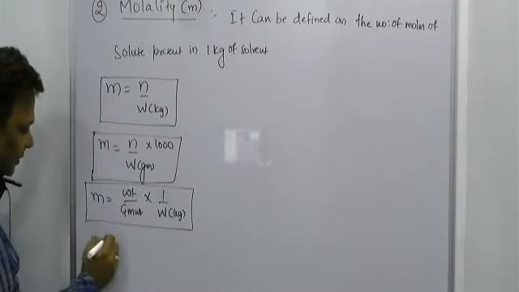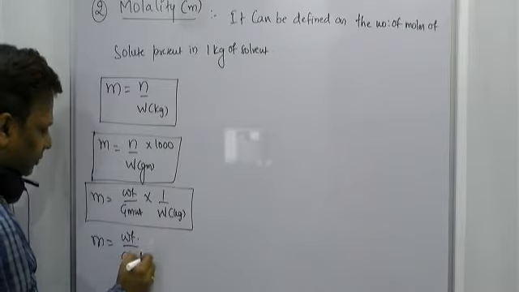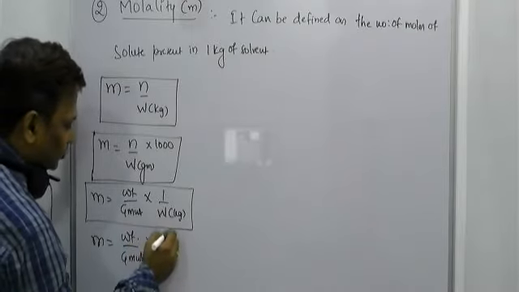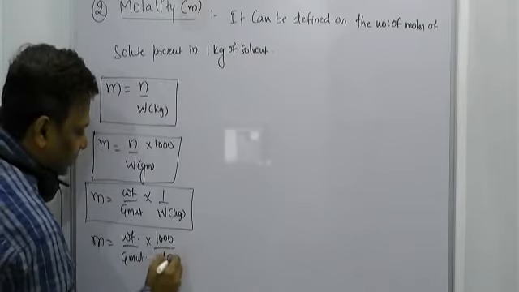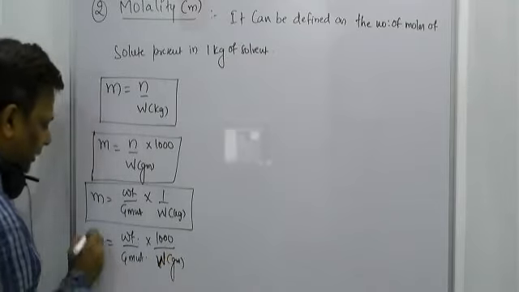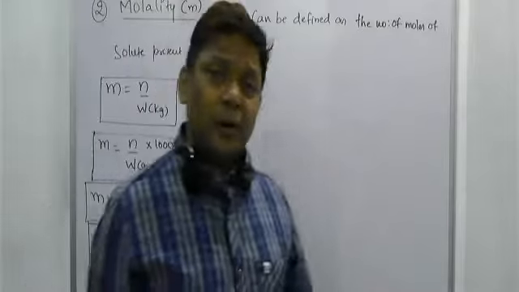And lastly, molality equals weight by gram molecular weight into 1000 by weight of solvent in gram. See, beta, these are the formulas for molality.